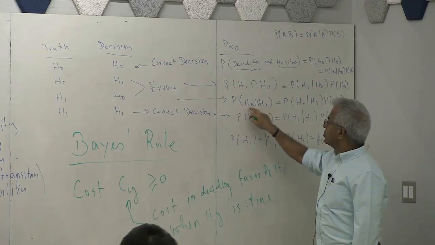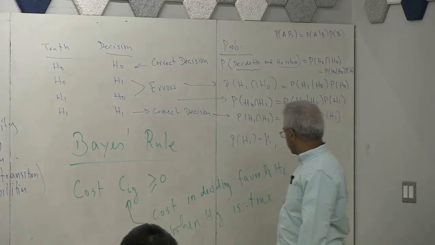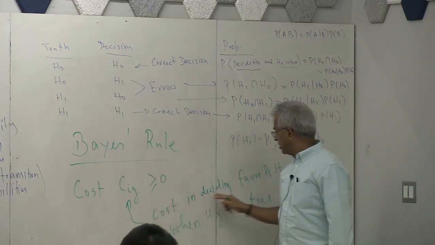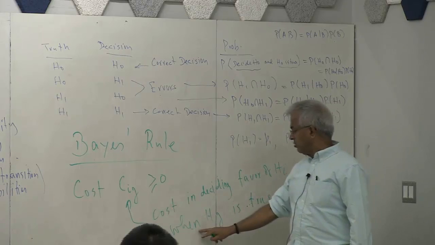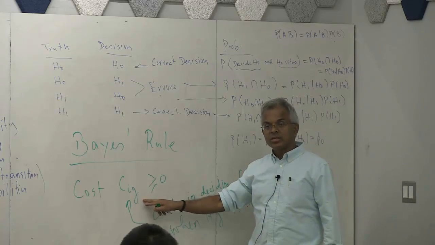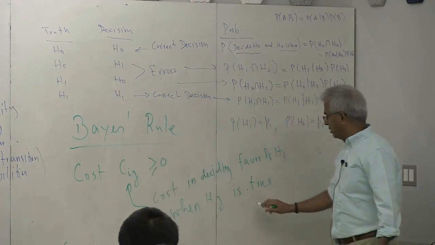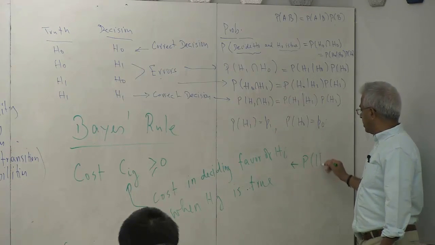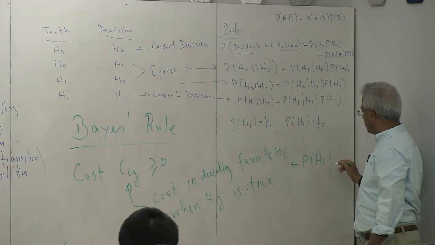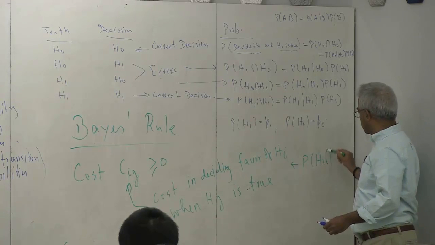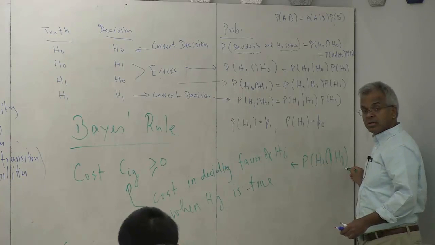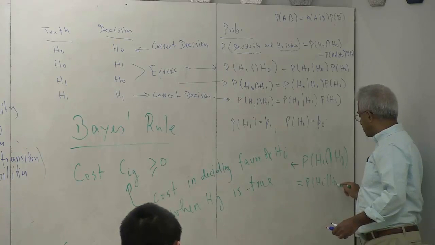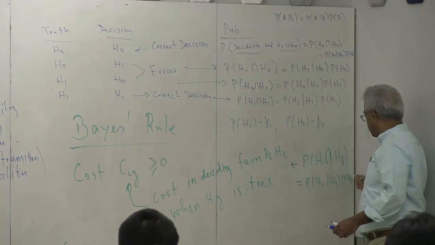The cost associated with deciding in favor of Hi when Hj is true is Cij. And what is the probability of this happening? Its probability is deciding in favor of Hi, given that Hj is true, which is the same as the probability of Hi given Hj multiplied by P(Hj).